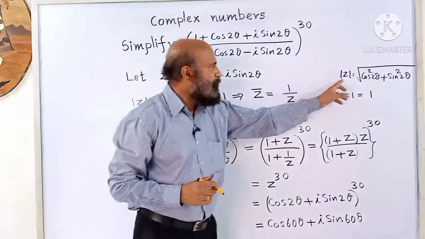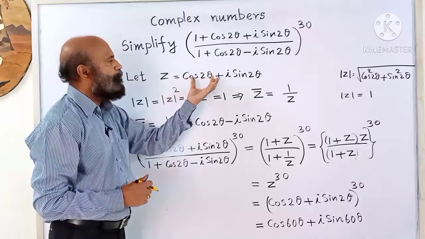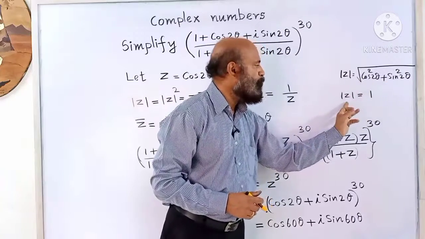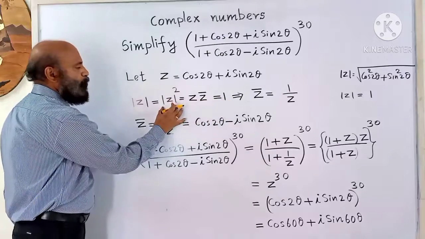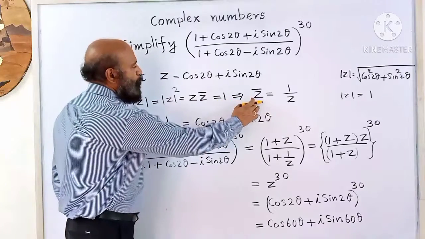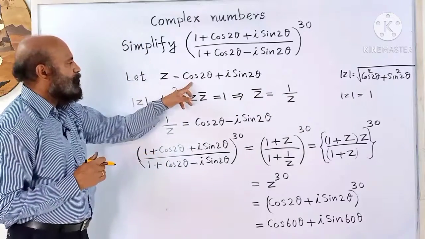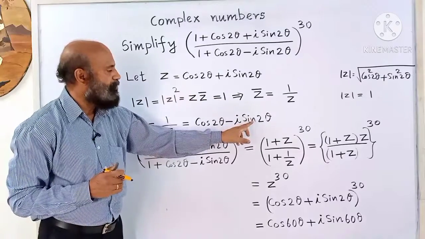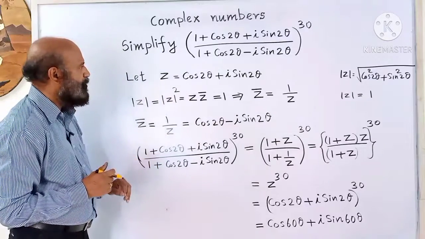Then the modulus of z is the square root of cos square 2 theta plus sin square 2 theta, which is the square root of 1, so the modulus of z is 1. So the modulus of z square is also 1. Then the modulus of z square is z times z conjugate, so z conjugate is equal to 1 by z. So z conjugate is cos 2 theta minus i sin 2 theta, the same as 1 by z.